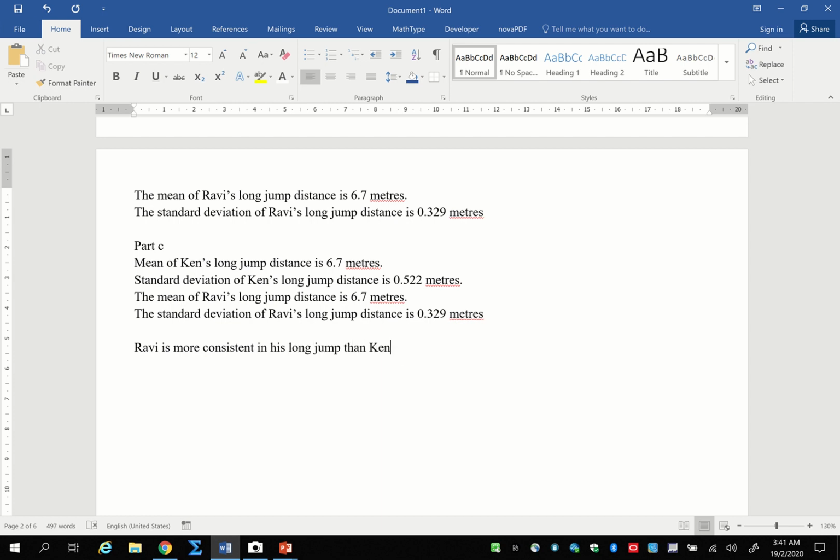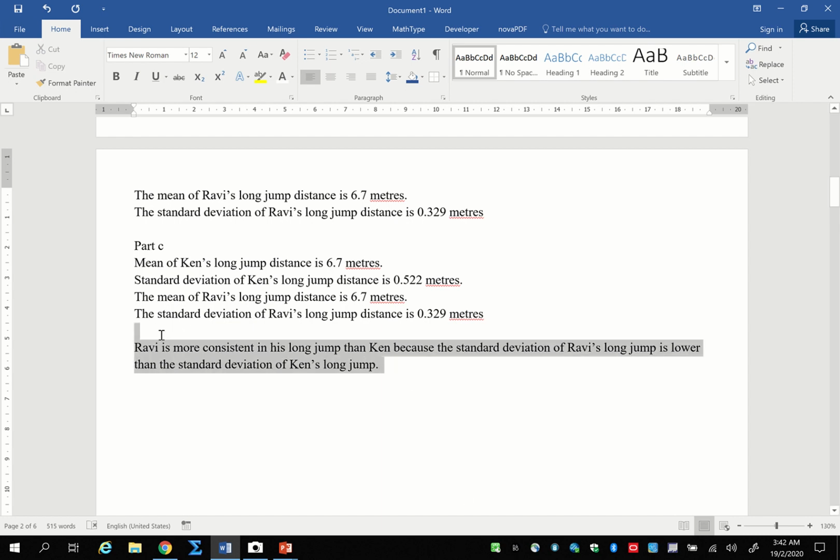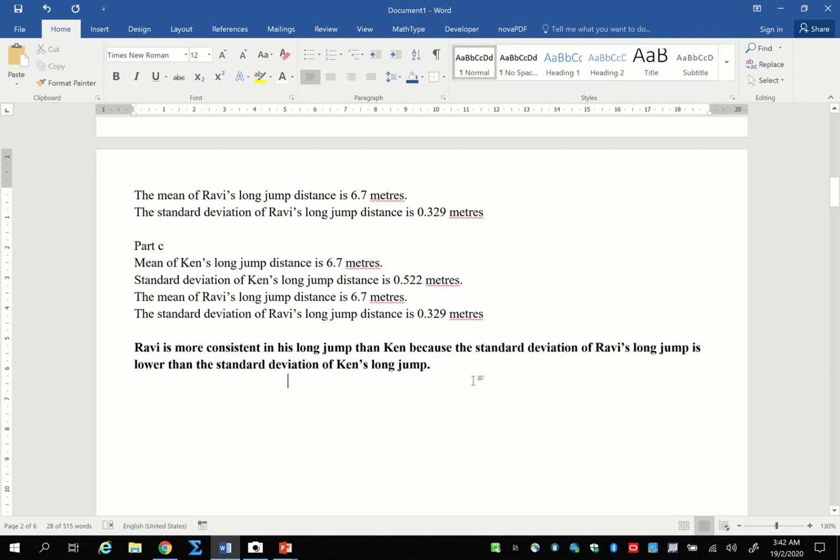Of course, you cannot just give the statement, you must give the reason. So, because the standard deviation of Ravi's long jump is lower than the standard deviation of Ken's long jump. And there we have it. This should be our final answer.